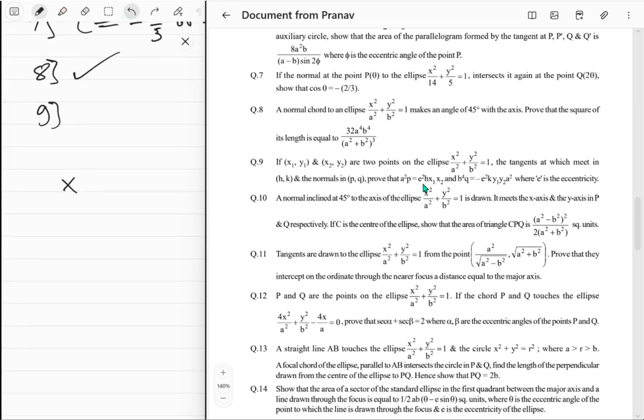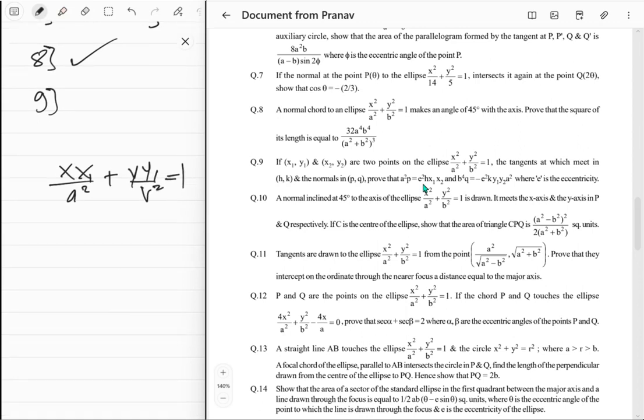Okay, no. Instead of that, we just use this thing, x1 upon a square plus y1 upon b square is equal to 1, right? That's the tangent. So x1, y1, and x2, y2 are the equations of that, whatever. Wait, isn't that just the chord of? Oh yeah, sure. Okay, that makes sense. It is the point whose chord of contact passes through these two, basically. Right, right.